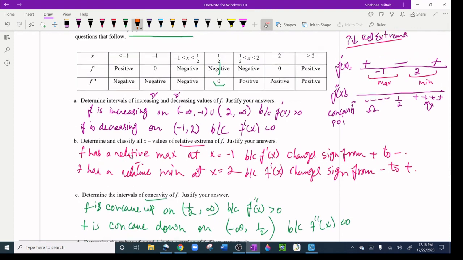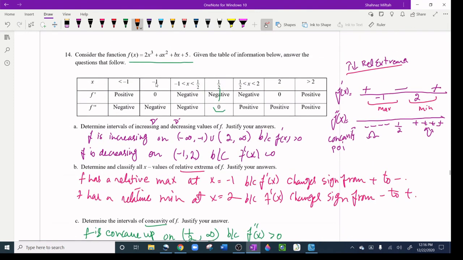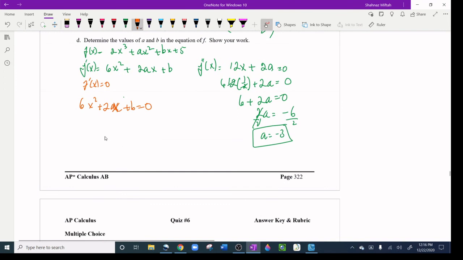The x where my first derivative is 0 is at -1, so I plug in -1: 6 times -1 squared plus 2 times -3 times -1, plus b equals 0. Is this 6x squared for the f prime? Yes. So I got 6 plus 6 plus b equals 0, so 12 plus b equals 0, which makes b equal -12.